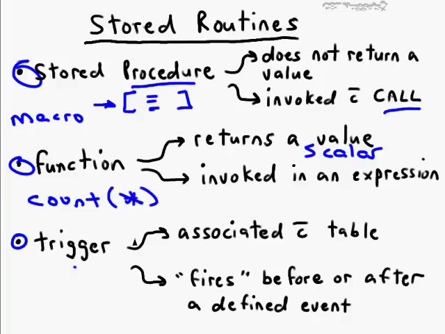When you run SELECT COUNT against a column or against a table, what you're doing is invoking a function, some precompiled code that's going to count. In this case, if you pass in the input parameter star or asterisk, you're passing in all rows as an input to this function.